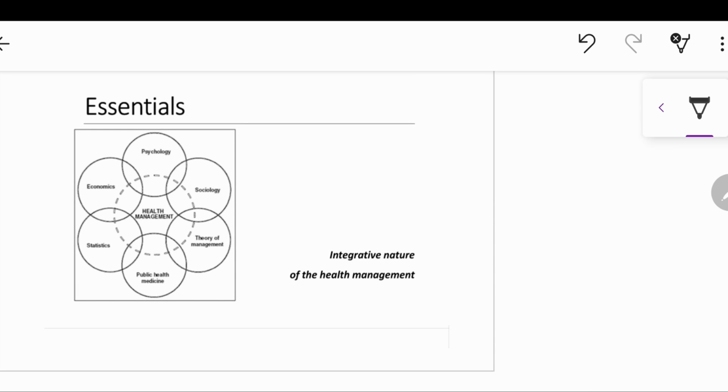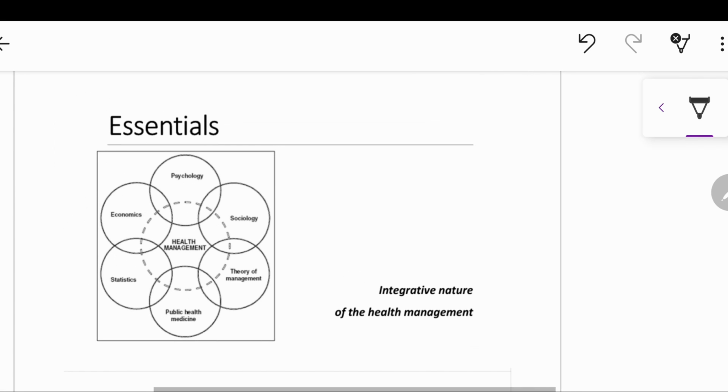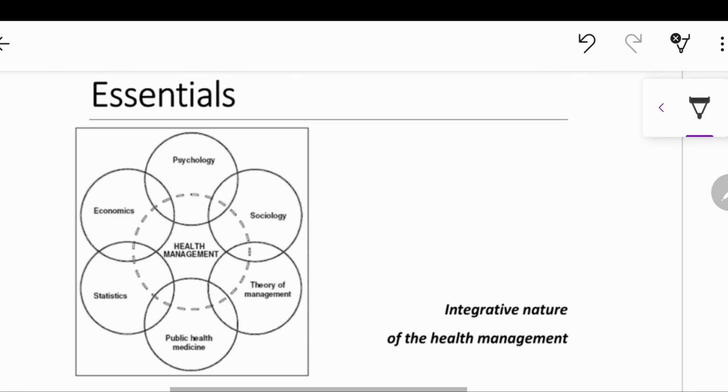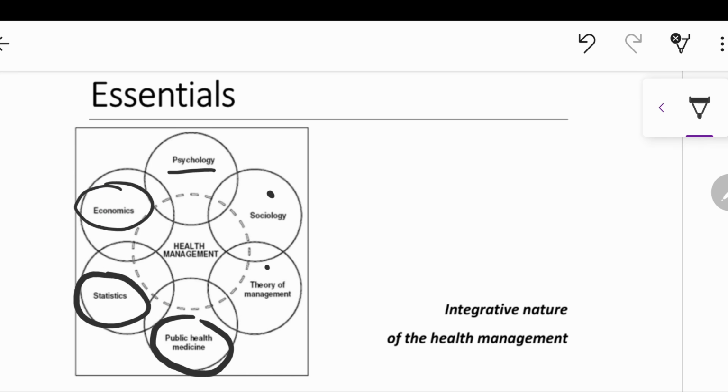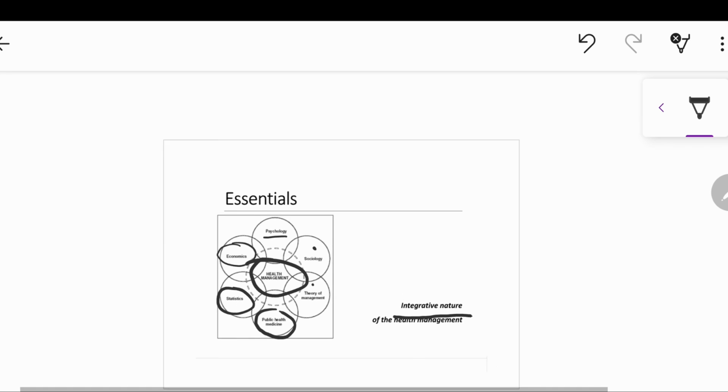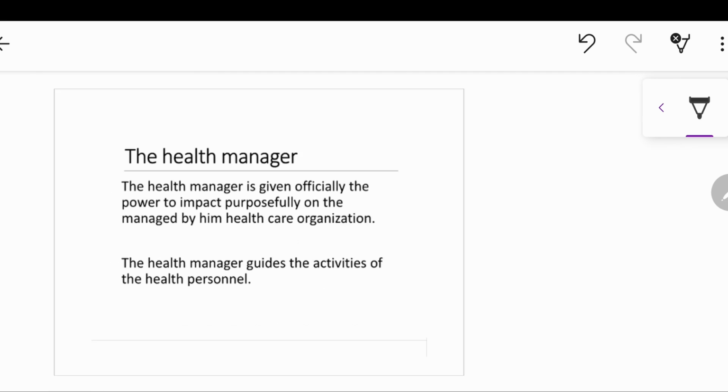Now what a manager needs is an arsenal of different skills available to him. These include different spheres such as psychological, sociological, management skills, public health knowledge, statistical knowledge, economical knowledge. All this comes under the banner of health management. So it's integrative, the role of the manager.